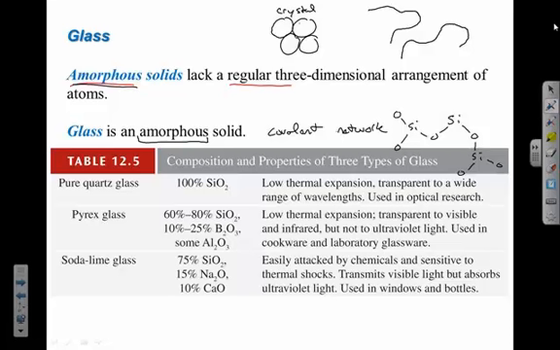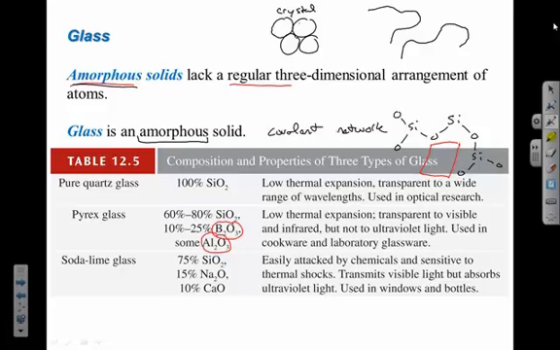And so you can definitely imagine if you put something in here that's a different substance other than silicon and oxygen, like alumina or boron or something like that, those areas where you have something different are going to organize in a different way from the areas that are pure. And so that can kind of break up the organization.